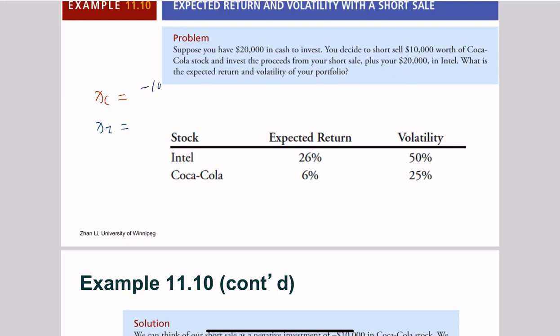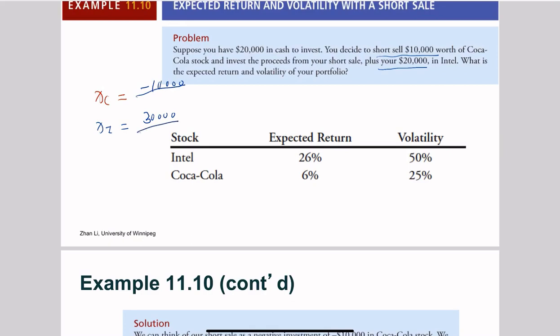So it's minus $10,000. And what is Intel stock's value? Well, it's $30,000, because the problem says you will short sell this amount and you will use this amount plus your original $20,000. So now you will have $30,000 of investment in Intel stock.